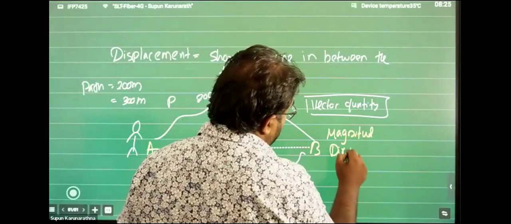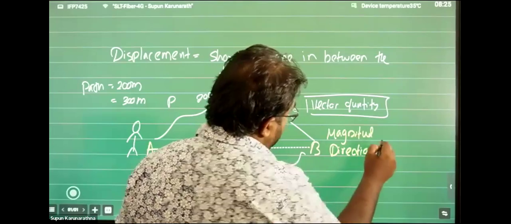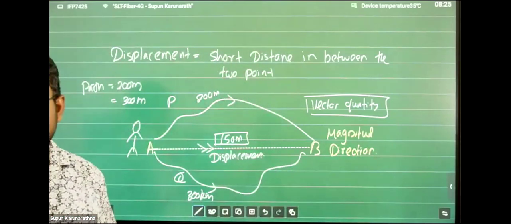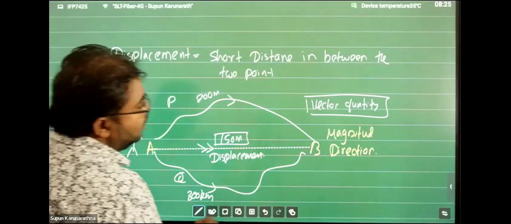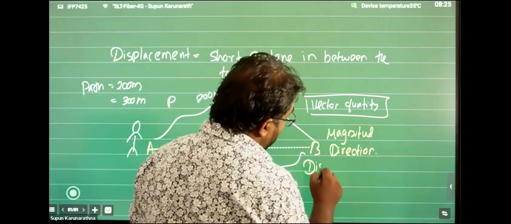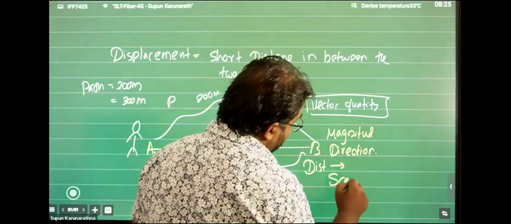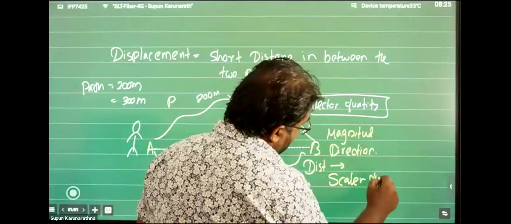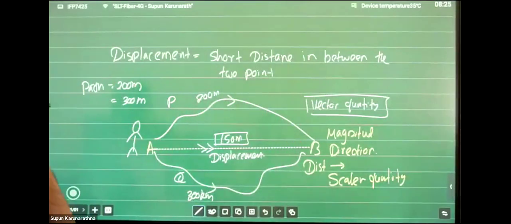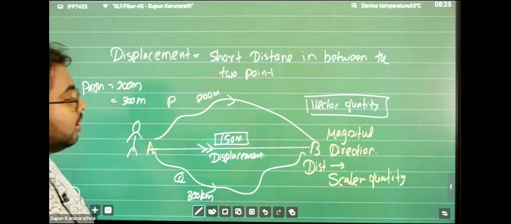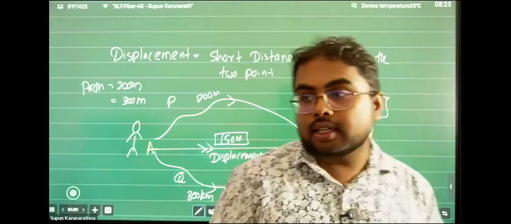But distance is not a vector quantity. We call distance a scalar quantity. Here is the thing we want to understand in the question.